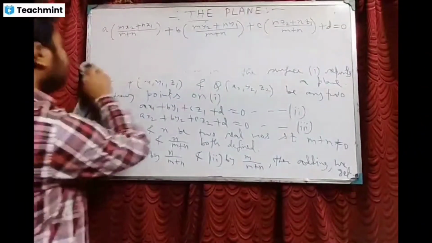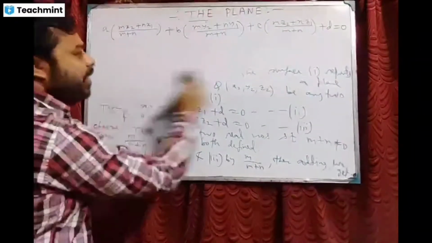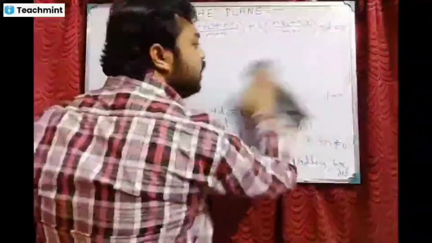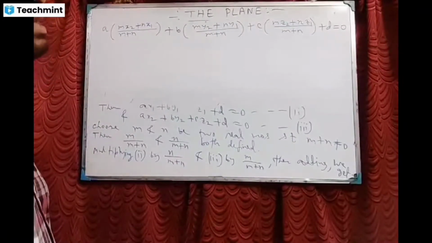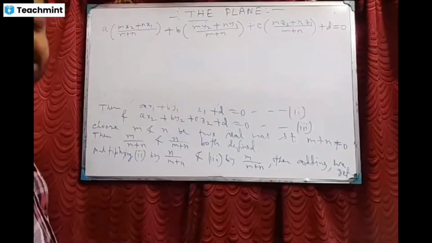So A times (m x2 + n x1)/(m+n), B times (m y2 + n y1)/(m+n), and C times (m z2 + n z1)/(m+n).